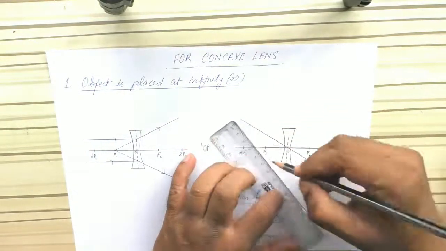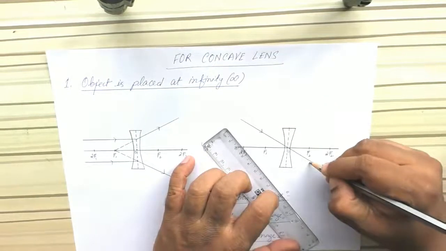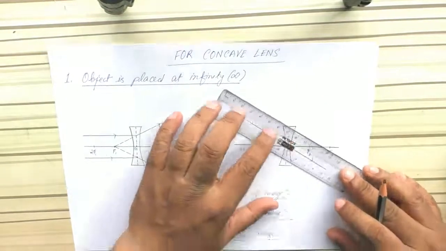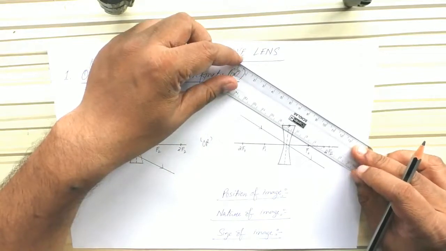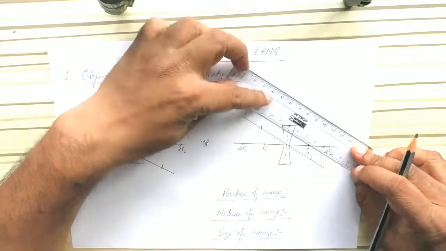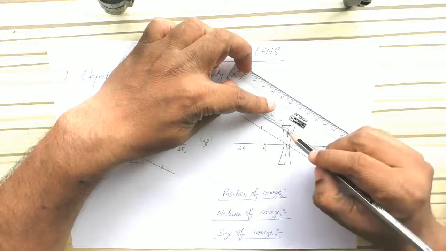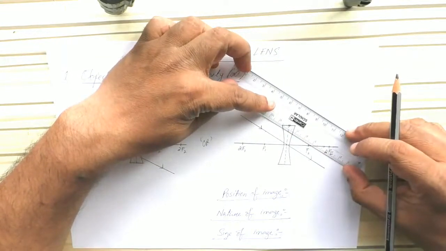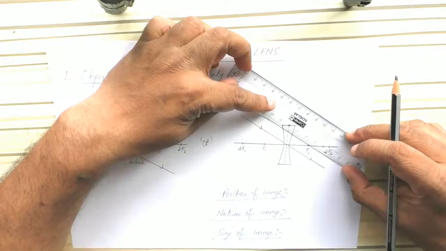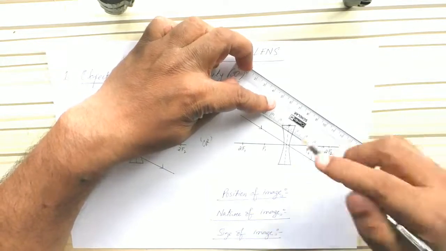If a ray of light passes through optical center, it passes straight without any deviation. And second light ray, we consider that light ray appears to converge at focus.